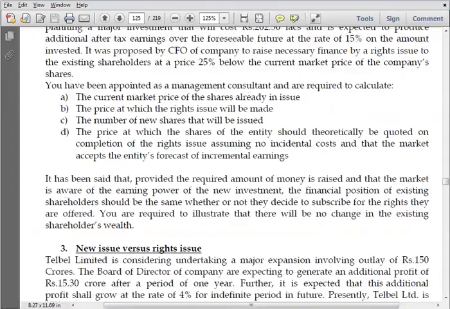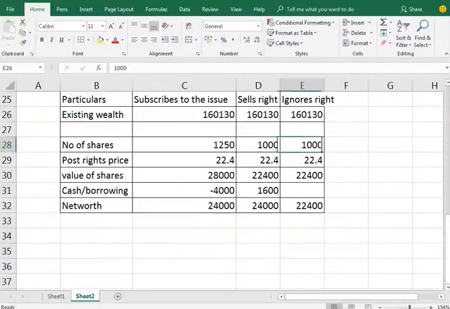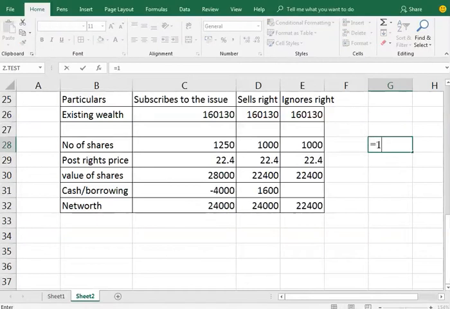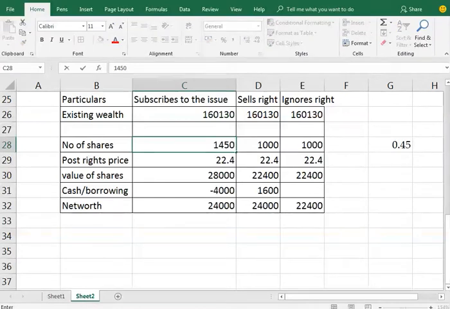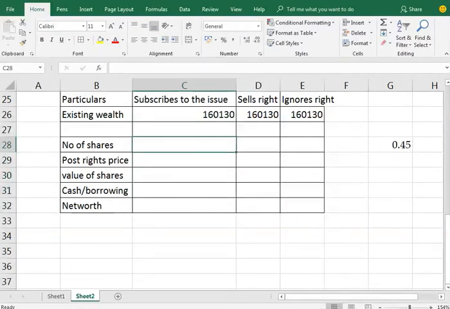How many shares are we issuing? 1,80,000, divided by 4 lakhs existing shares. So for every share I'm going to get 0.45 share. After the rights issue is made, my total shares will become 1450.